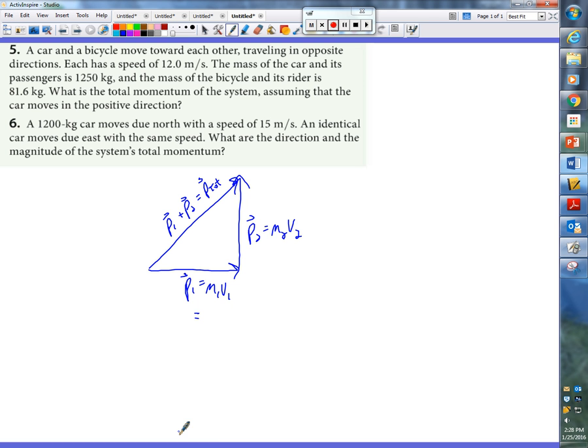Okay? So both have a mass of 1200 and both have a speed of 15. Which means that they have the exact same momentum, just in different directions. The magnitudes of their momentum, their momenta, are 18,000 kilogram meters per second apiece.